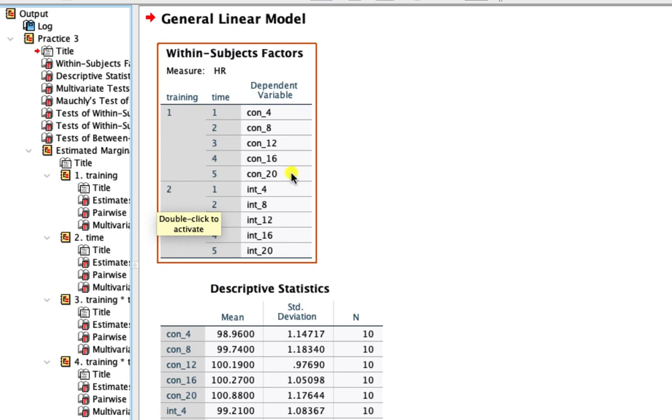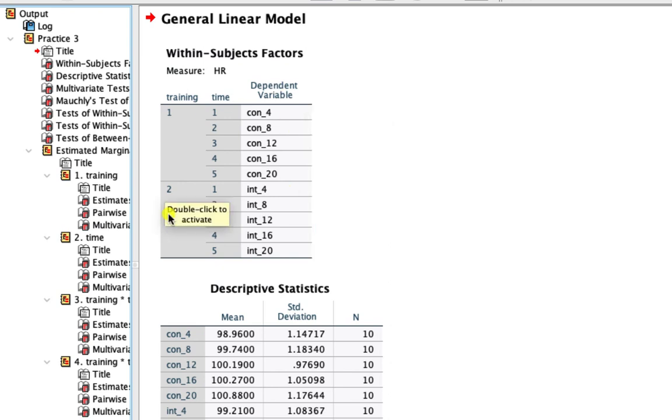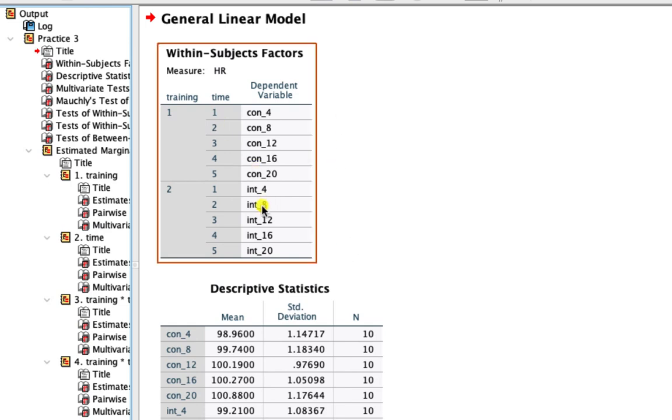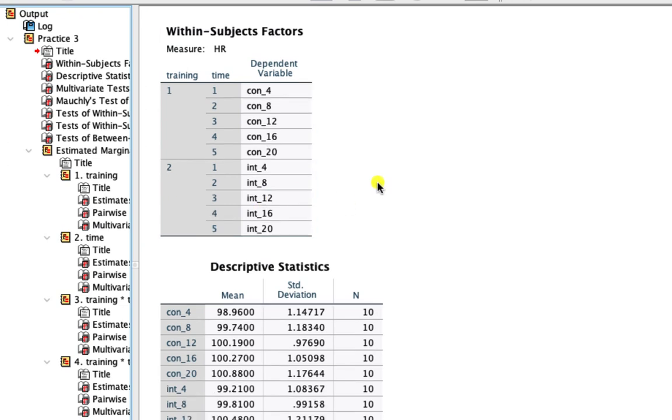Again, when you go through your output, because repeated measures only labels by numbers, if you forgot how you input your data, you can always go back to this table. It saved my butt so many times from having to go back and redo the ANOVA. So I highly recommend, if you forget, just come back to this table.